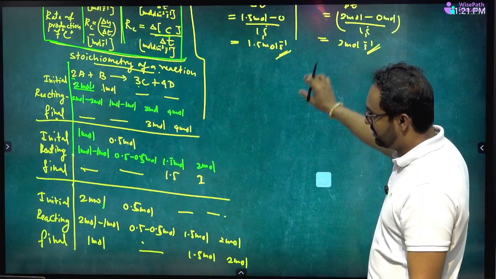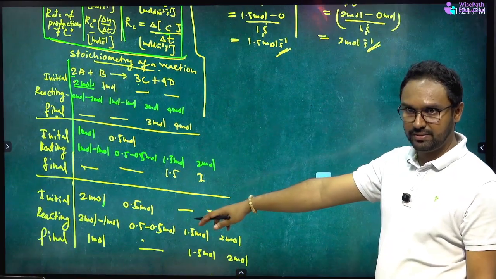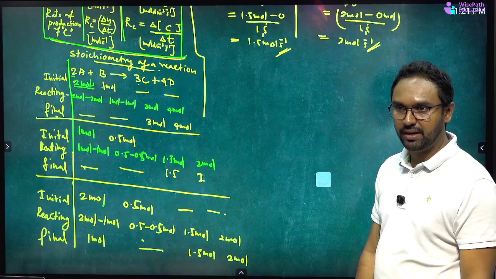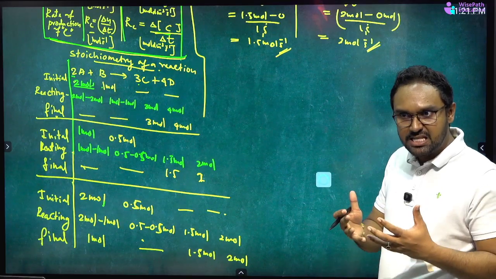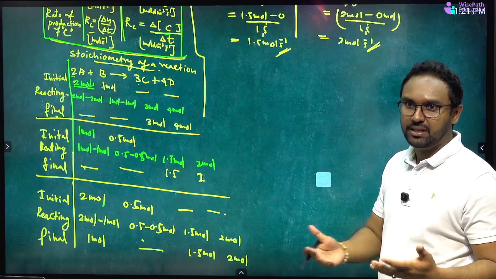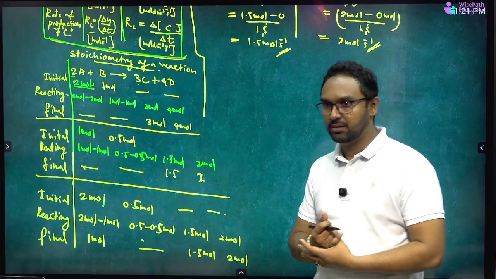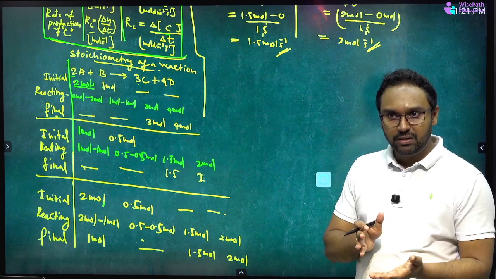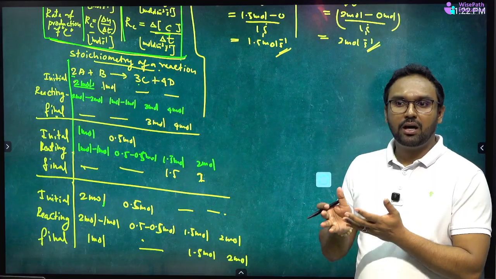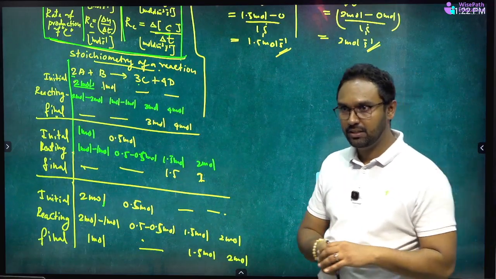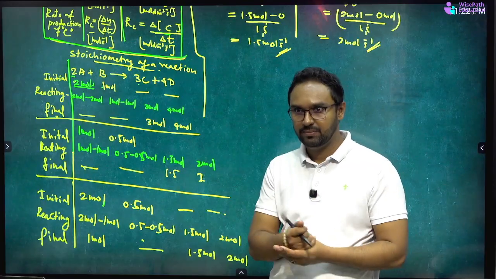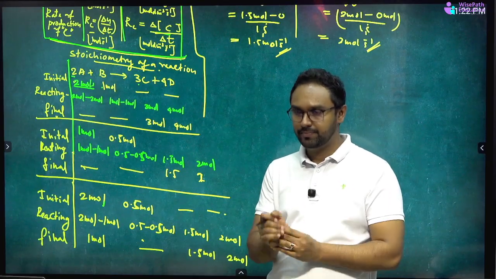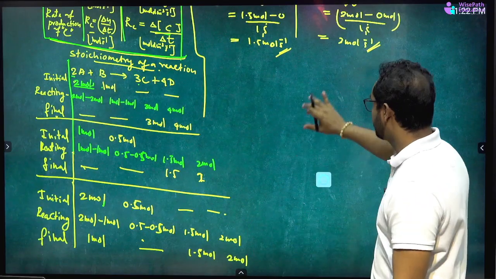Leftovers were there, but we didn't consider the leftover, we just took the final and initial, which means how much has reacted. Leftovers can be there, doesn't matter. Things will only react according to the stoichiometry and depending on how much is reacting and how much can be reacted. 0.5 is reacting, 1 can be reacted, 1 is left, right?